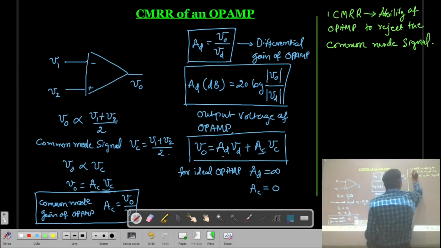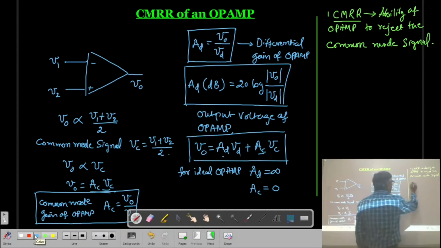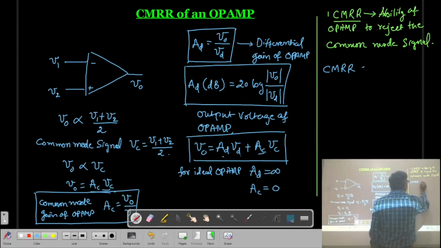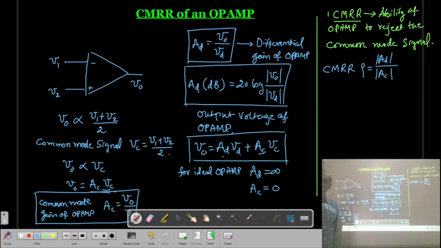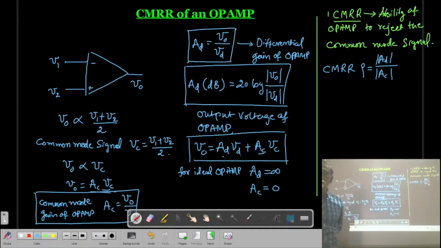So here we can define the CMRR in this way, that is given as CMRR, and as a symbol we represent it as rho, and it is the ratio of the differential gain of the operational amplifier to the common mode gain of the operational amplifier. Remember, so AD by AC, that ratio is known as the common mode rejection ratio of the operational amplifier.